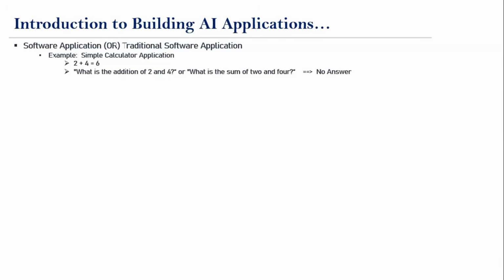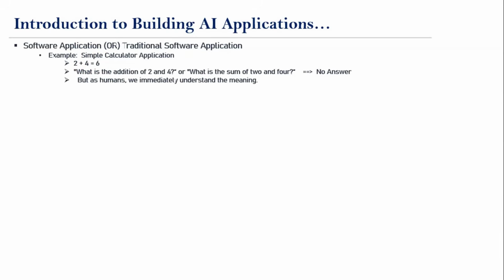Or what is the sum of 2 and 4? Your traditional software application can't provide the answer. For 2 plus 4 it returns 6, but for this it cannot. The concept is the same, but our traditional software application cannot understand them.